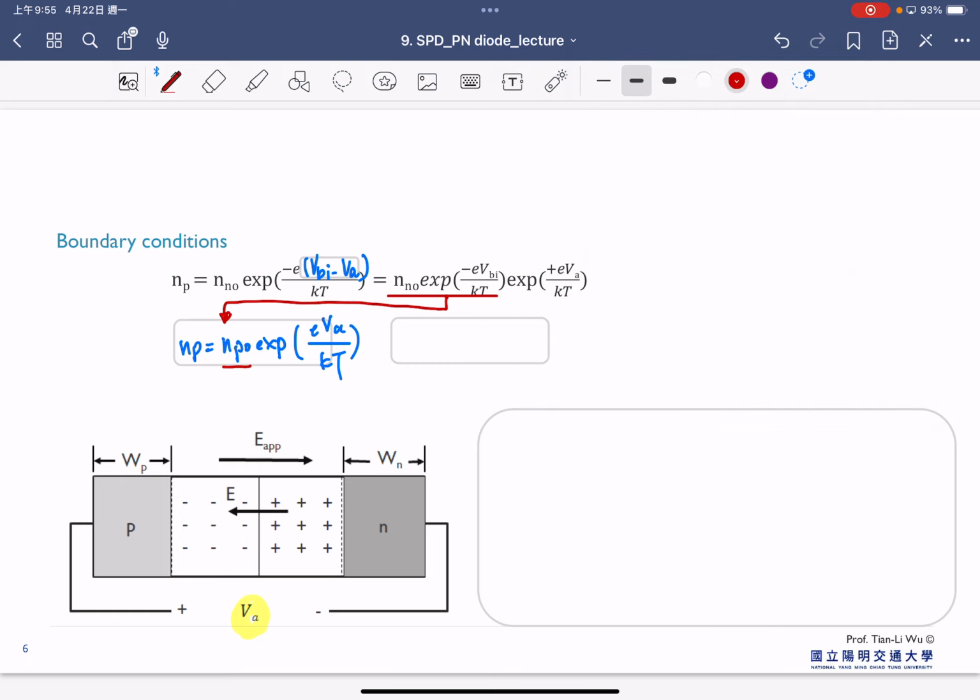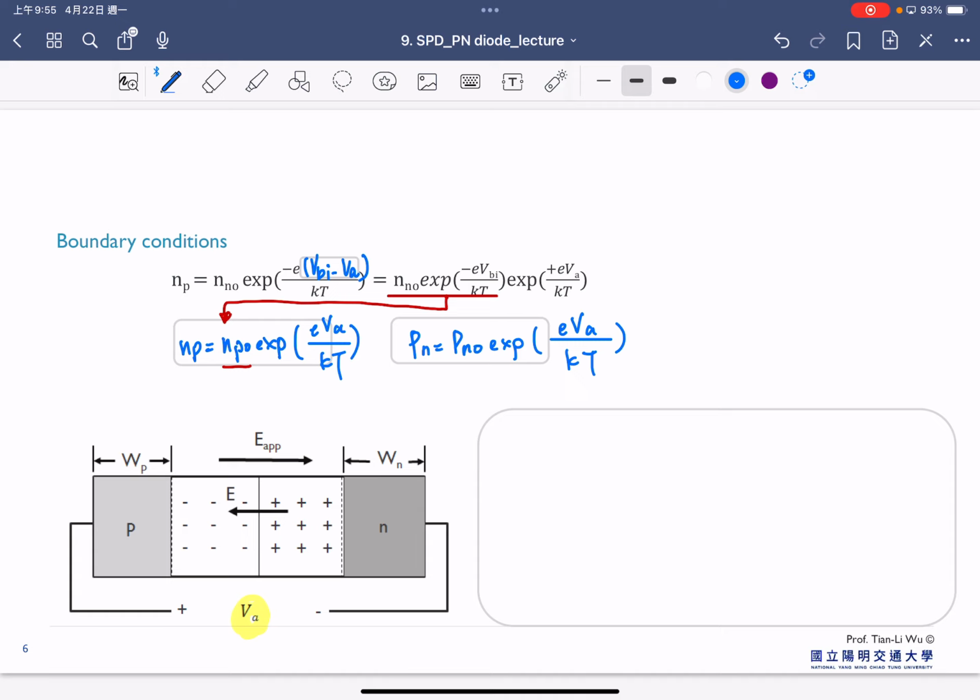Similarly, we have PN equal to PN0 exponential EVA over KT.